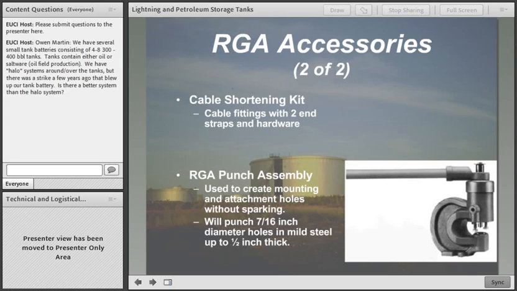LEC can also provide a punch assembly, which is a mechanical punch that can be used to punch the correct size holes in the tank rim or in the floating roof. And this particular punch is certified to not produce arcs or sparks when it's punching a hole.